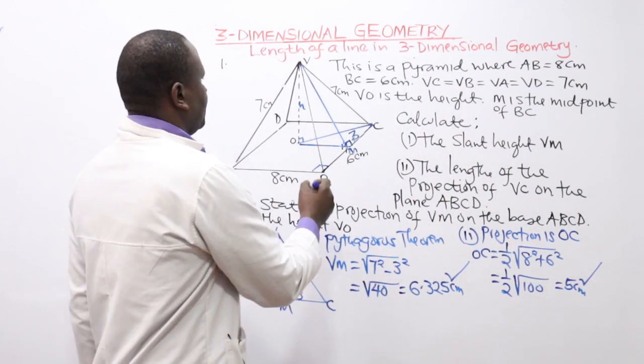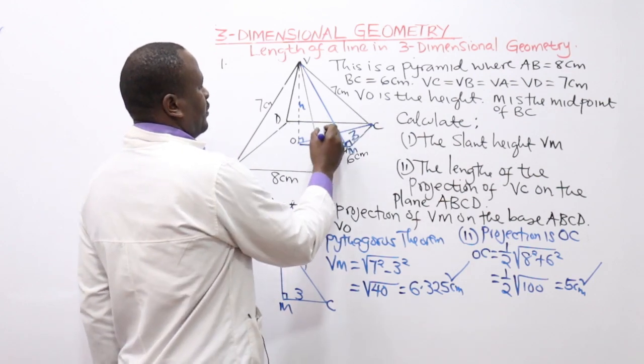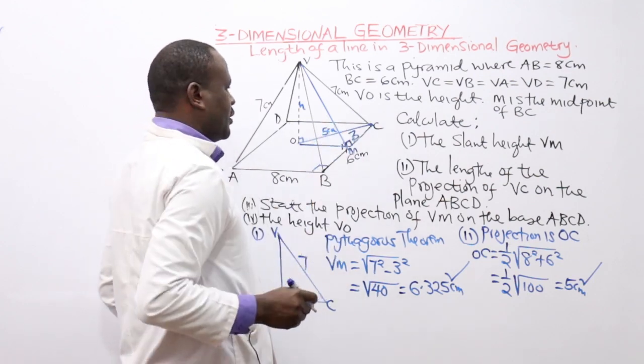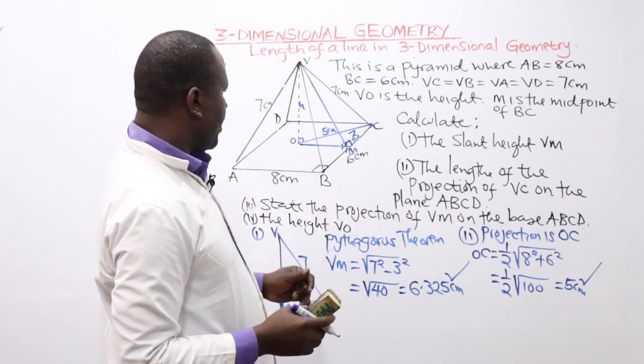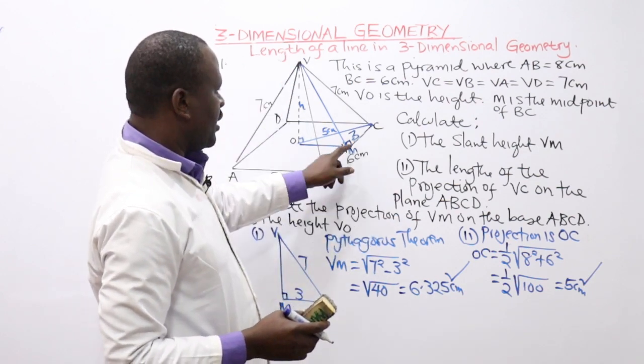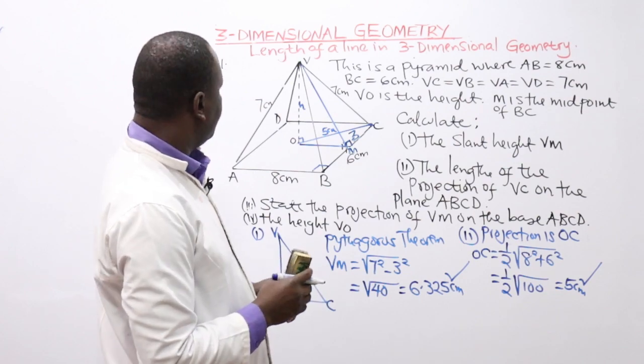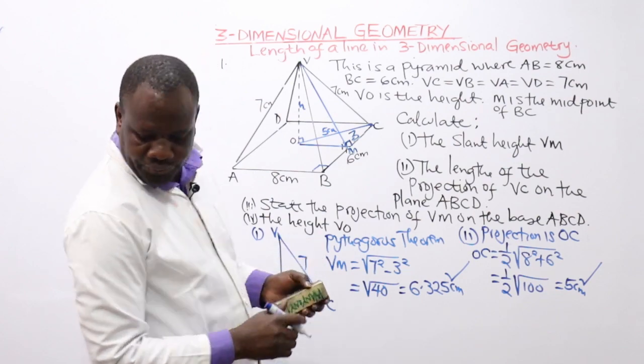Therefore, OC is 5. Now, state the projection of VM on the base.